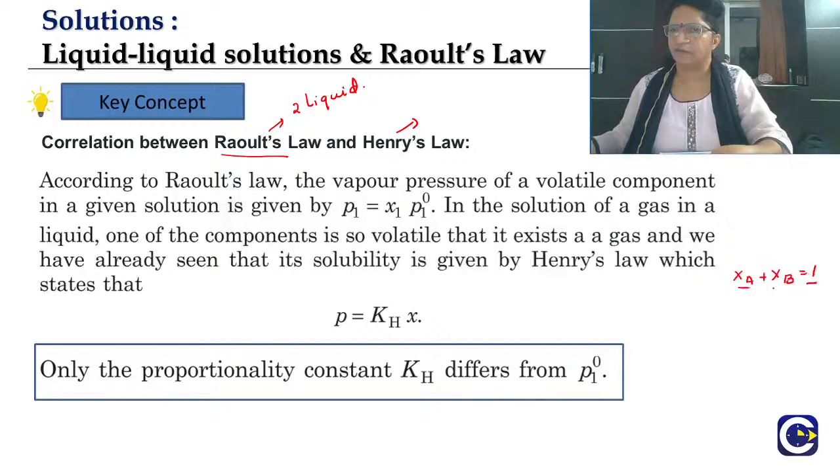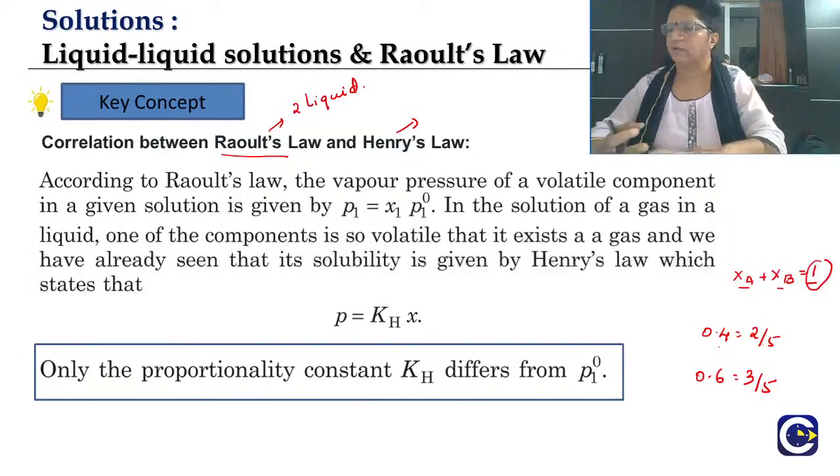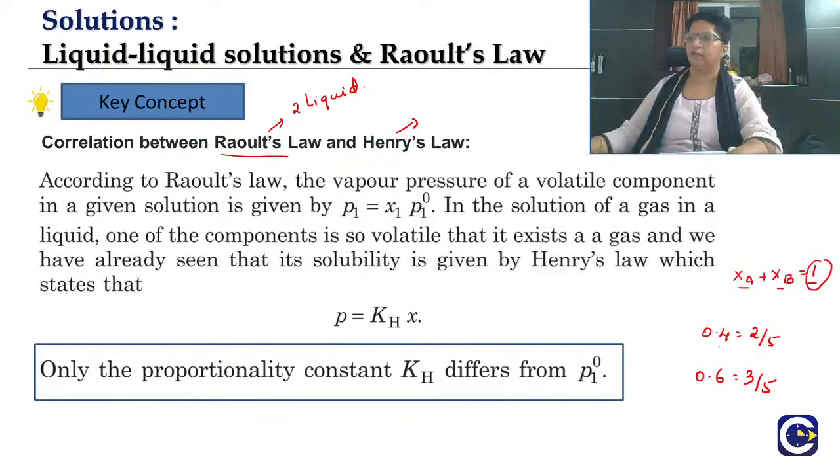So your XA and XB will be less than 1. 0.4 can be written as 2 by 5, and 0.6 is 3 by 5. Your total should be equal to 1. Whether we take the mole fraction in the liquid state or the vapor state, it should be less than 1. You will not get a higher value.